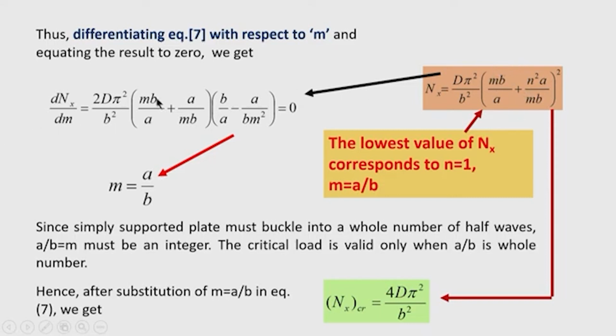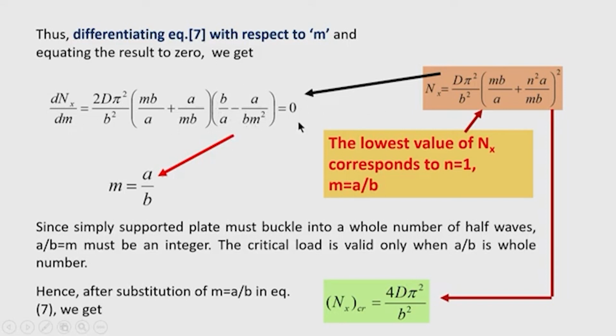So, 2 is coming and you are getting this quantity as it is. Then you are differentiating the quantity inside the bracket, and therefore, the first parameter, that is m b by a, becomes b by a after differentiation with respect to m. Then the second term becomes, n is 1, so a by b, and the differentiation of 1 by m is minus 1 by m square. So, this value is obtained.